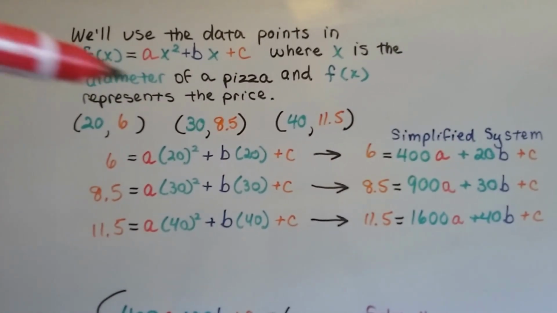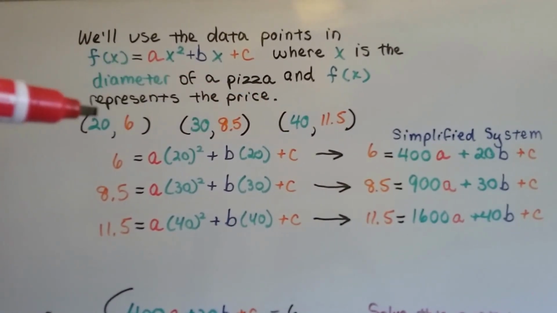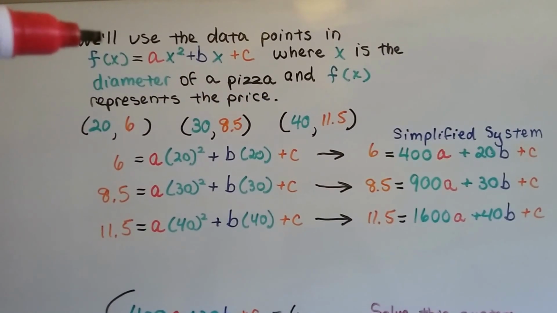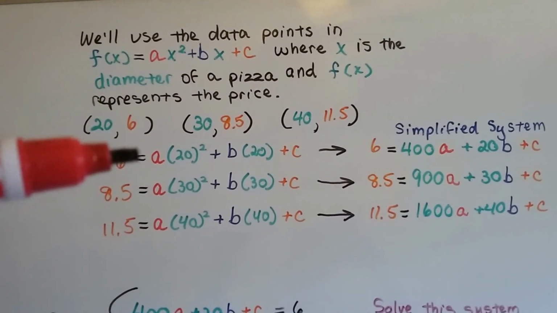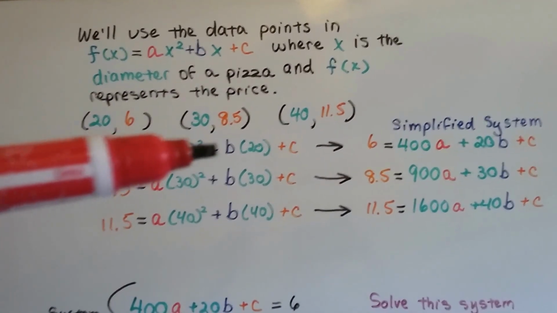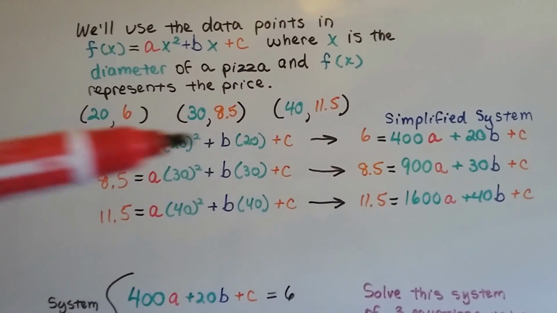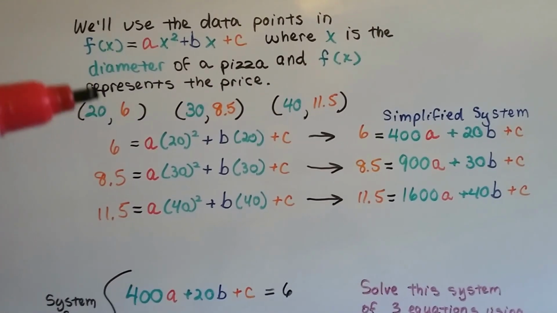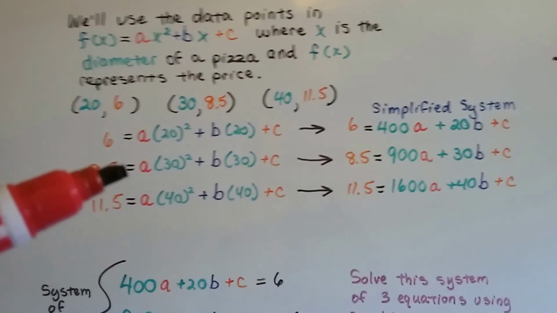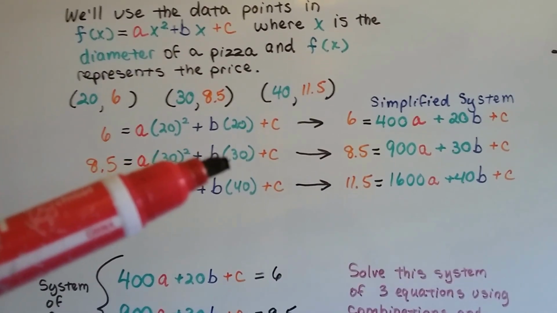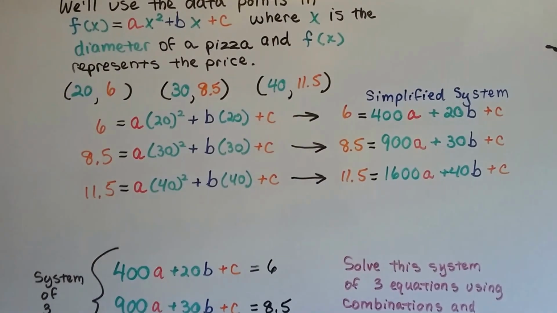So here were our 3 data points, and we can set them as y equals instead of f(x) equals. So we have 6 equals a times 20 squared plus b times 20 plus c, using this set of points right here. Then we can do 8.5 equals a times 30 squared plus b times 30 plus c.